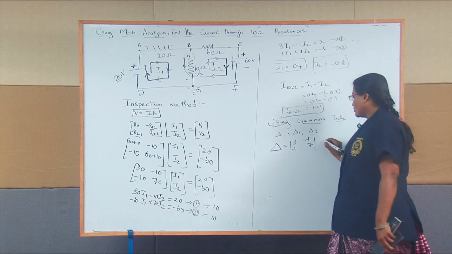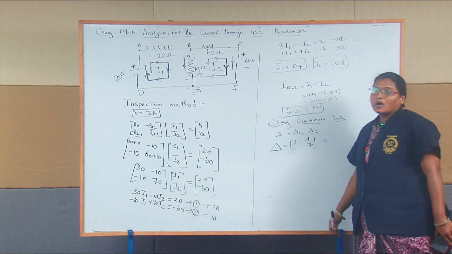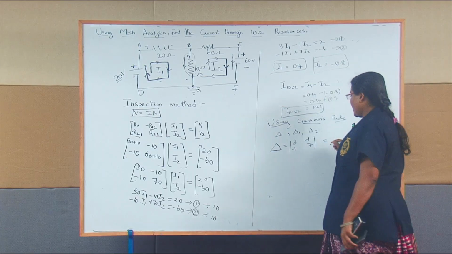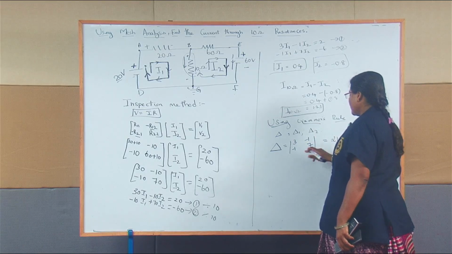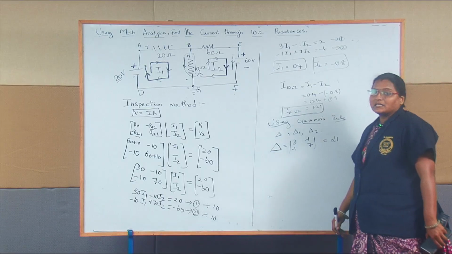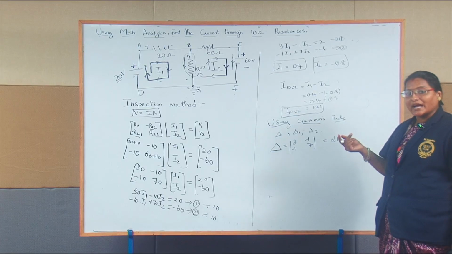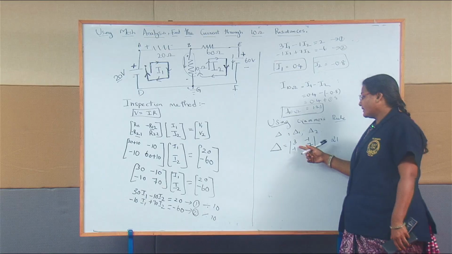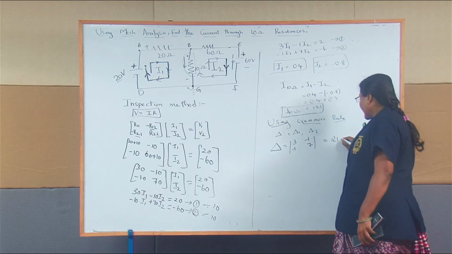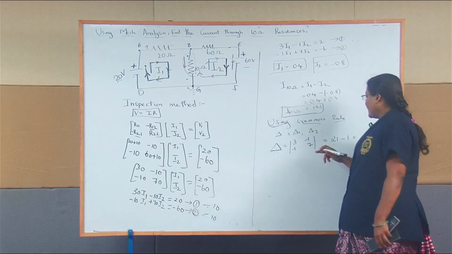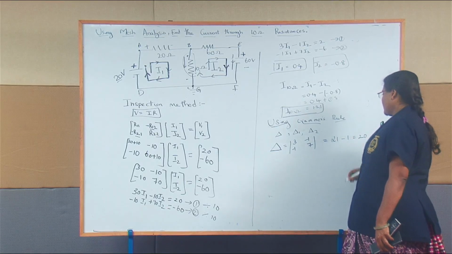You have to find out the determinant of the matrix. So 7 into 3, 21, minus minus will become plus. For finding the determinant, there also one minus will be there, so plus into minus, minus 1 into 1, 1. So you will be getting del as 20.